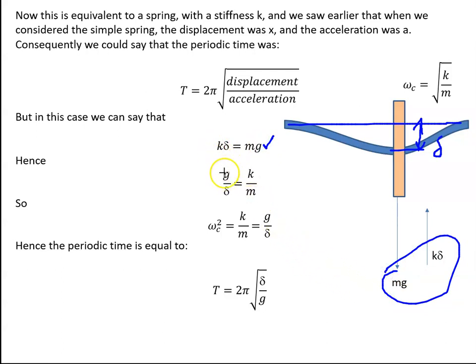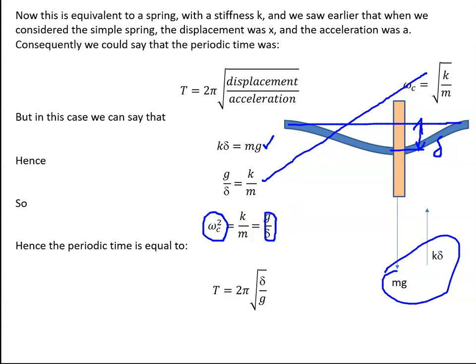We can rearrange that to say that g over d is equal to k over m. But k over m is equal to omega c squared. So omega c squared is equal to k over m, which is g over d. So that's the critical speed, in radians per second, omega c equals root of g over d.